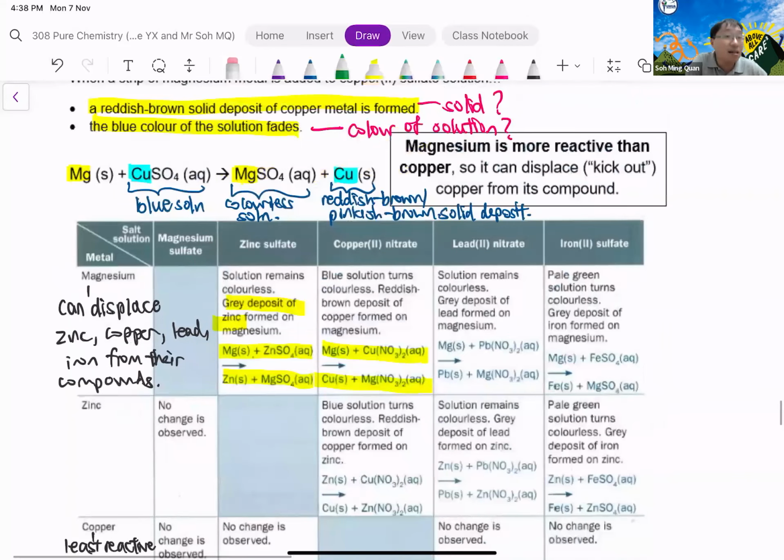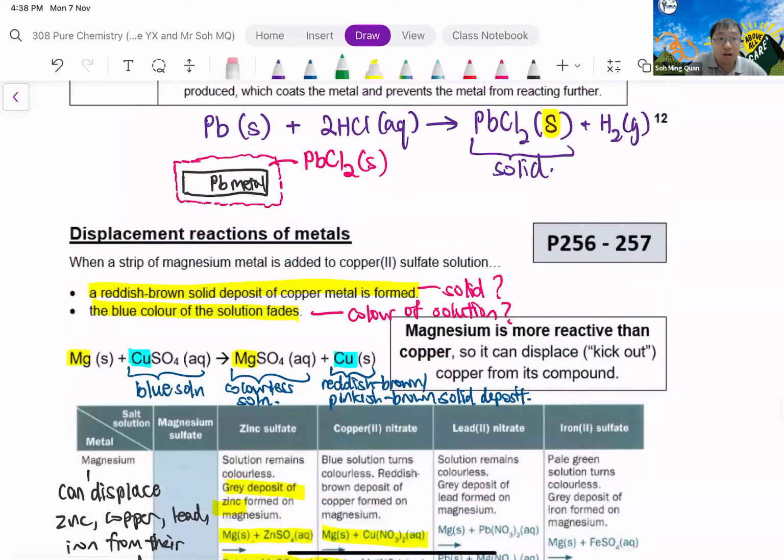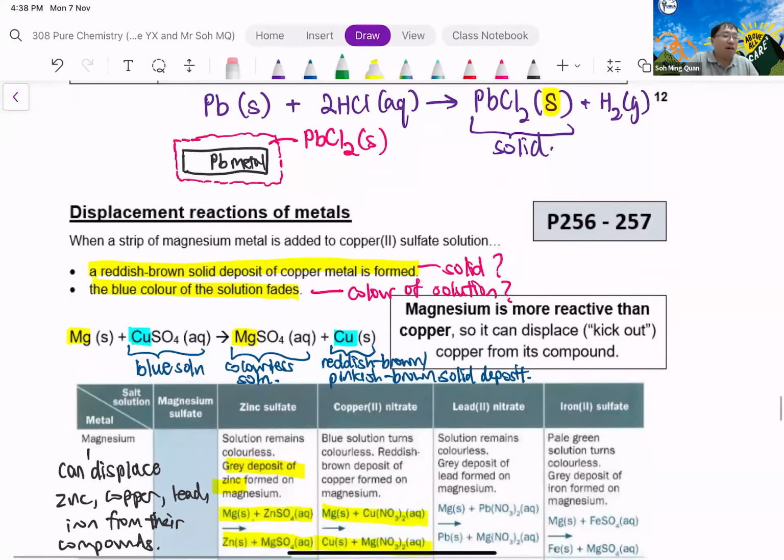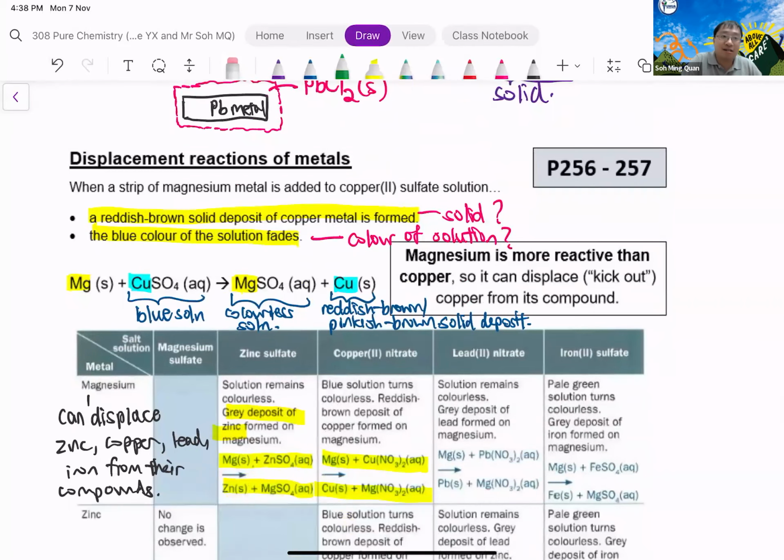It can displace copper from its what? So which one are you referring to? The previous page, page 13. Oh, page 13. Magnesium is more reactive than copper because it can displace copper from its compound.